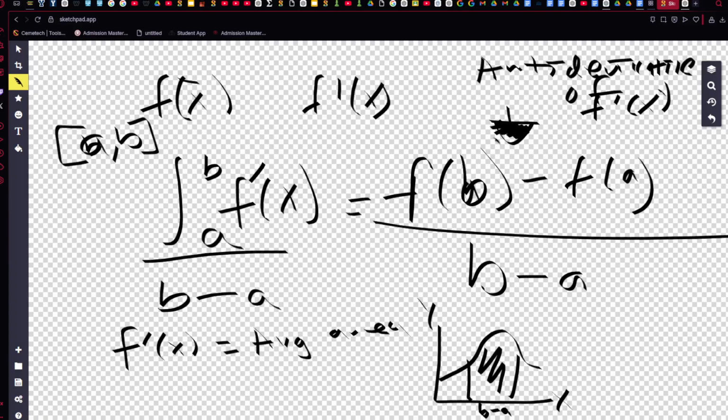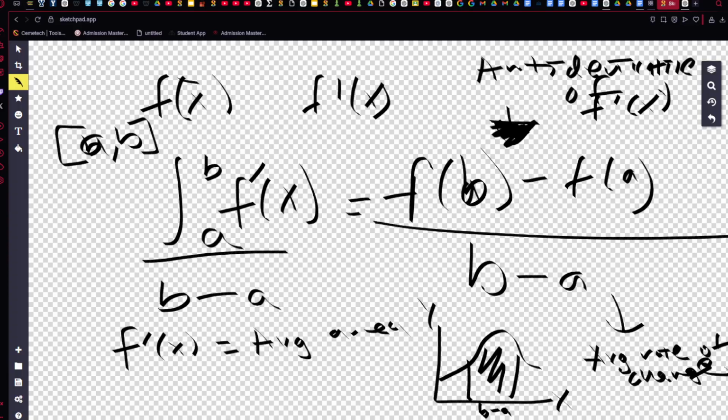This is the average rate of change. Because you're finding the antiderivative's change in position or change in height, and then you are dividing by b minus a, which will give you the average slope between those two.